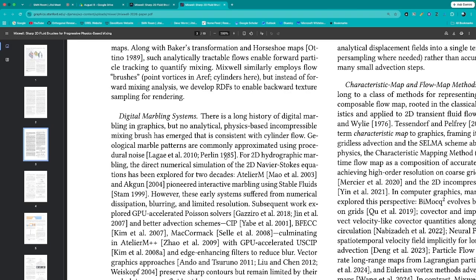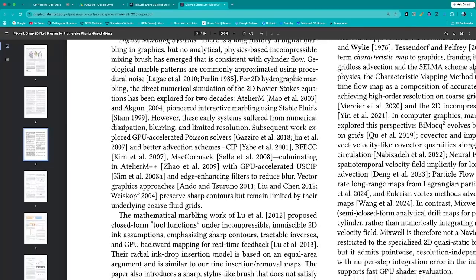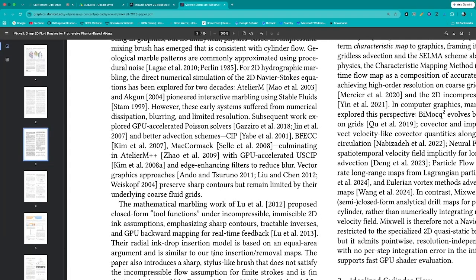Subsequent work explored GPU-accelerated Poisson solvers and better advection schemes, as they mention here with the acronyms, culminating in Atelier M++ with GPU-accelerated USCIP and edge-enhancing filters to reduce blur. Vector graphics approaches preserve sharp contours but remain limited by their underlying coarse fluid grids.